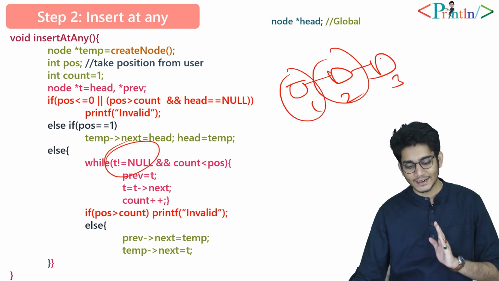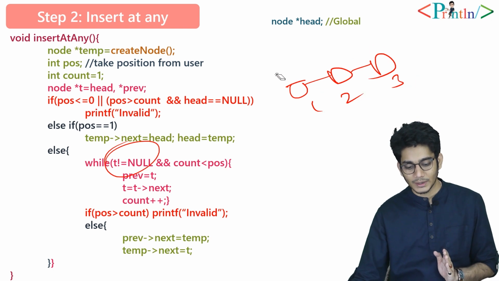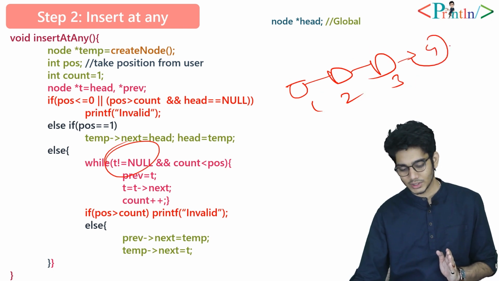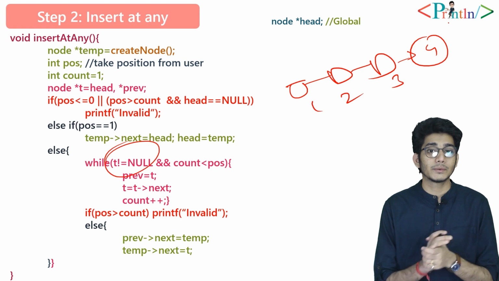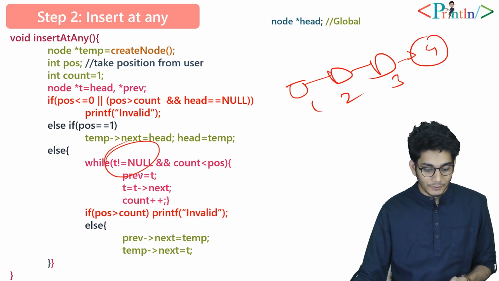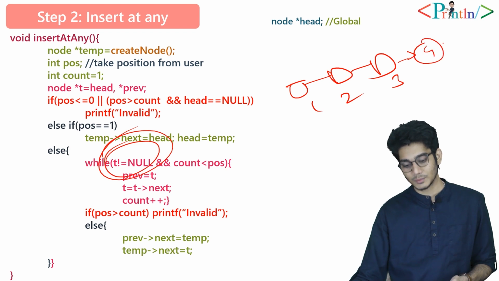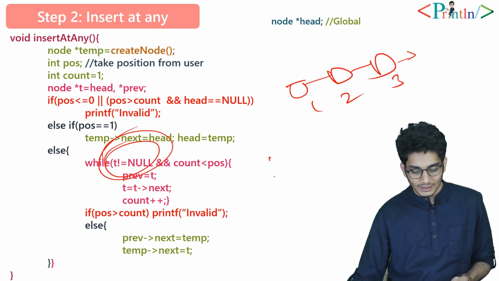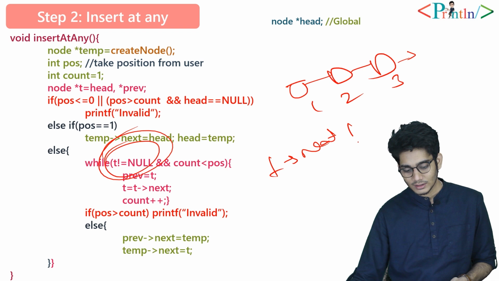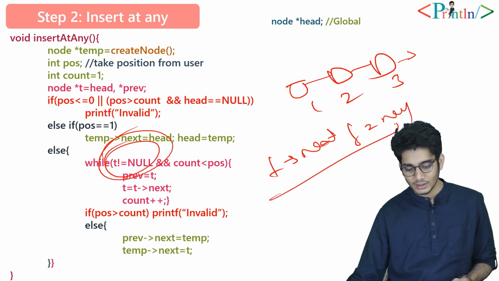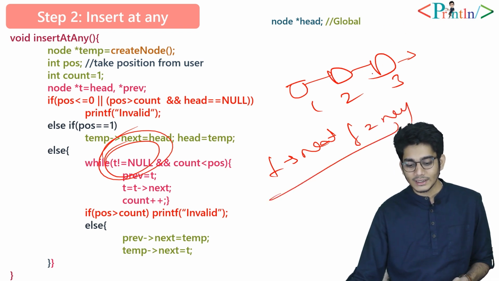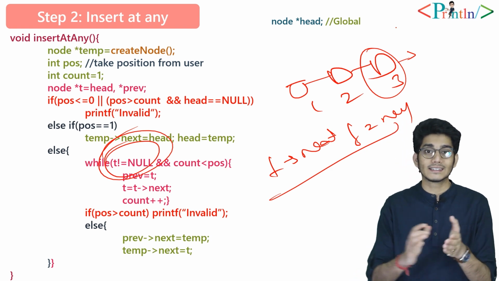If you are trying to insert at second or third position, we have also discussed. But if you are trying to insert at fourth position, that means you are trying to insert at last. So if you write t not equals to null, then only you can insert at fourth position. If you write t next not equals to null, then you can only insert up to 3. So you cannot insert at last position.